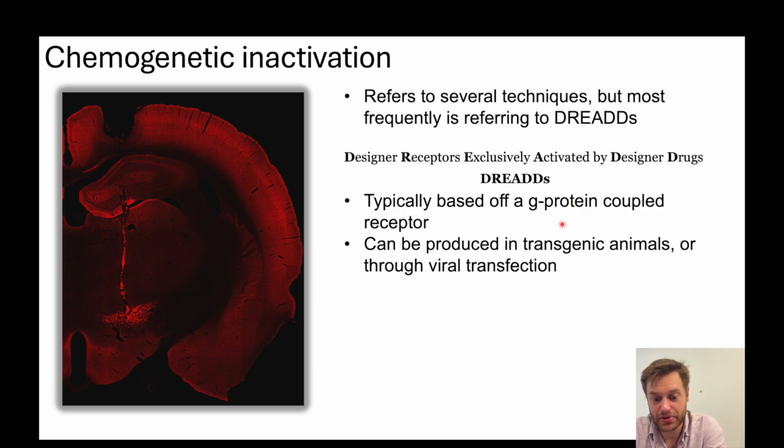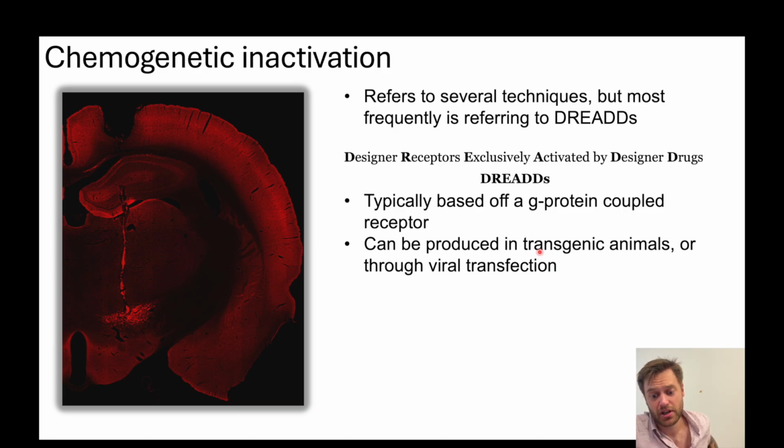So this can be produced through transgenic animals or through viral transfection. And it's important to note that transgenic means using genetic manipulation to add or remove genes that will ultimately produce some kind of outcome.